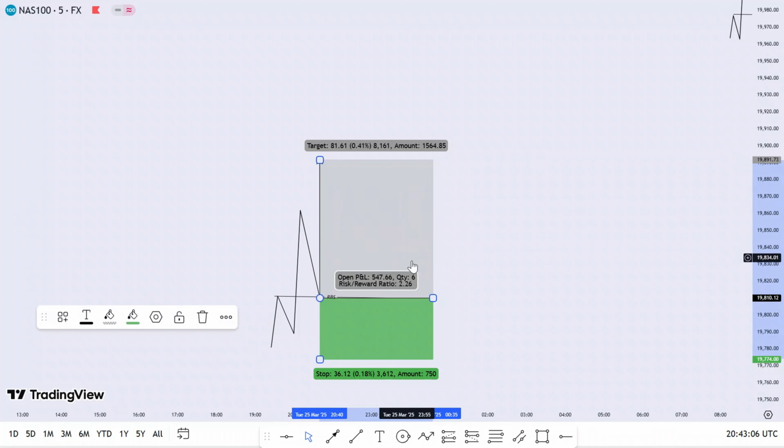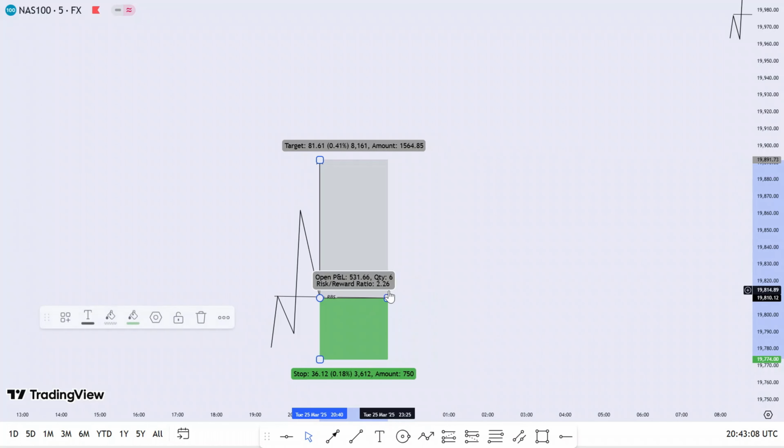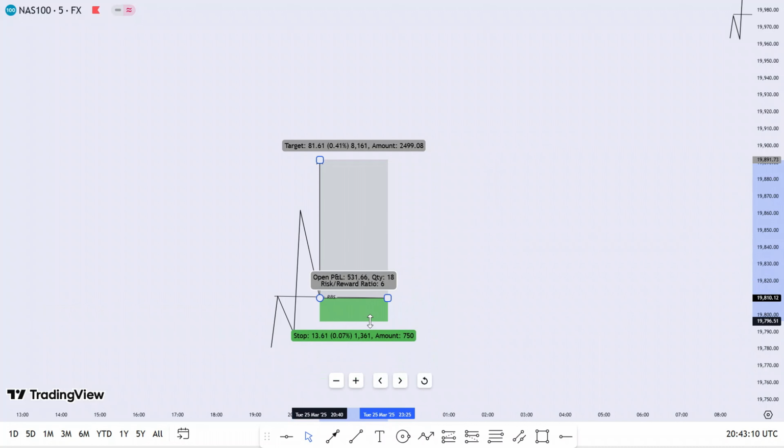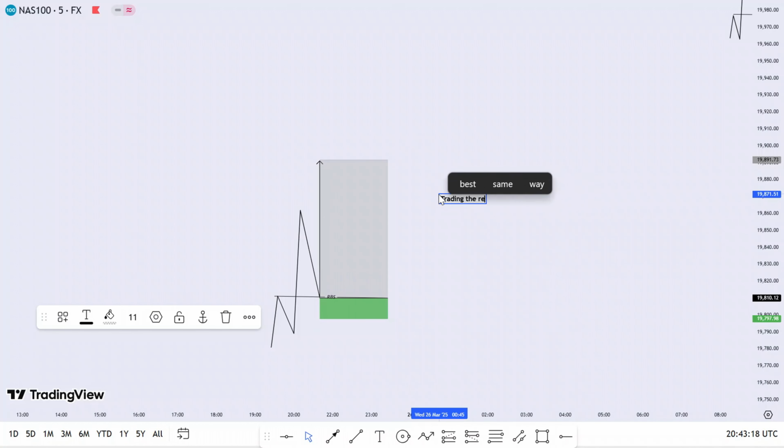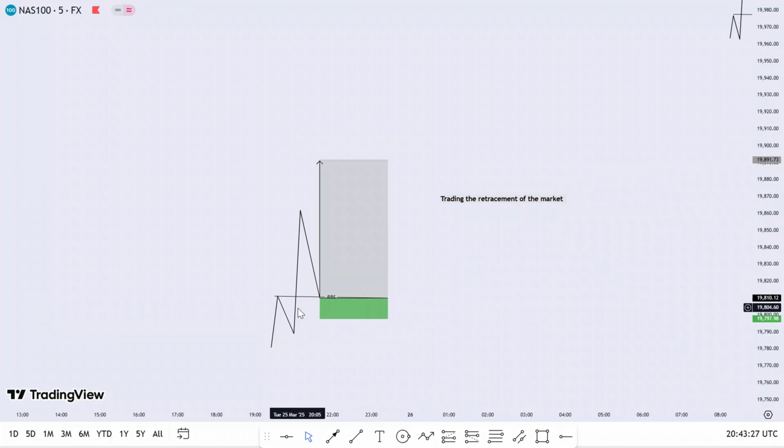Now the RBS most of the time do not have inducement or break of structure, this and that. No, the RBS is that you are actually trading the retracement. That is what you are trading. Retracement of the market.